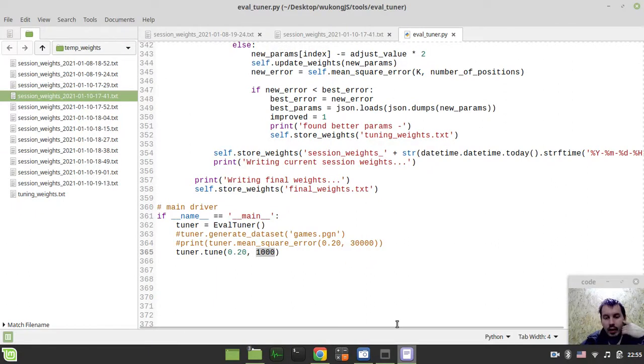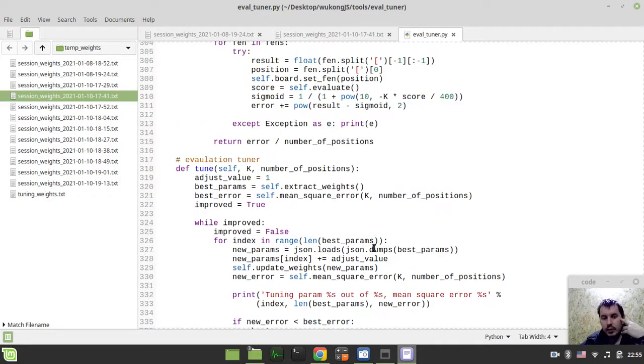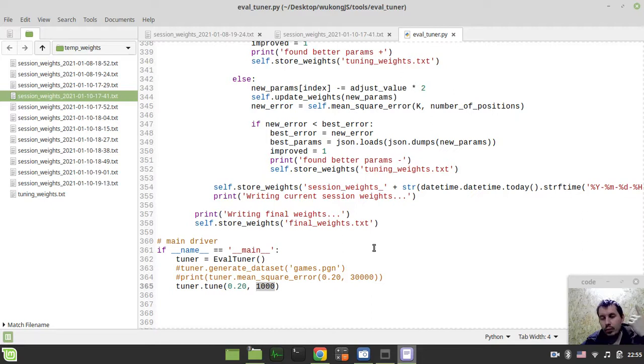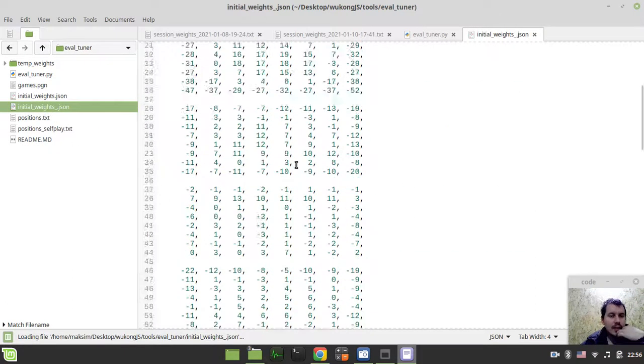Bearing in mind that the entire Texel tuning is just a matter of minimizing the mean square error for all the weights we're about to tune, I decided that the more accurate the values I provide initially to this tuning routine, the better the result would be eventually. Let's have a look at the initial weights.